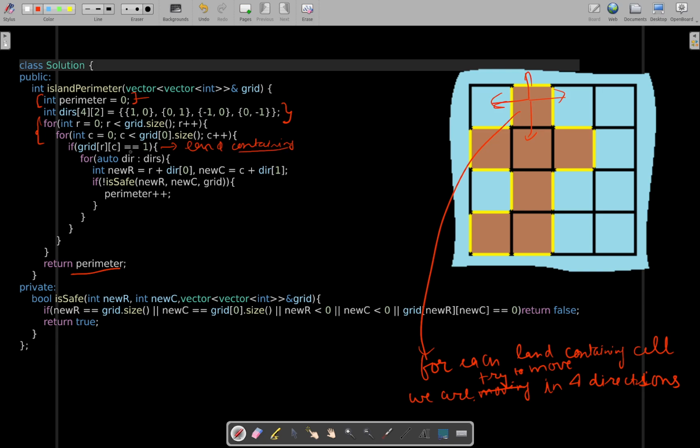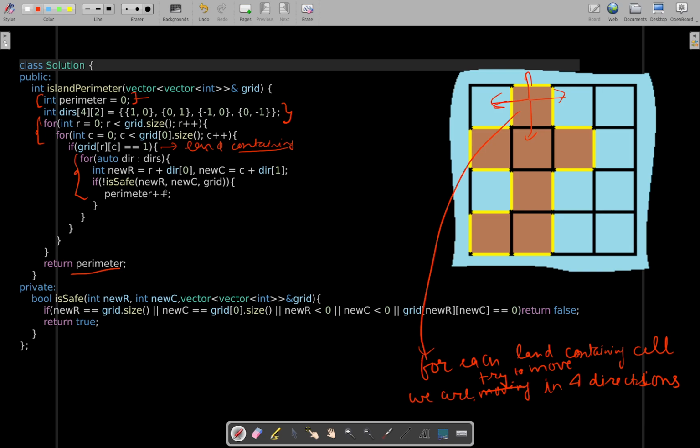If the current cell is a land containing cell, then you will try to move from this cell in all four directions, and you will check if it is safe to move there. You will only say it is safe to move if that cell is having land.